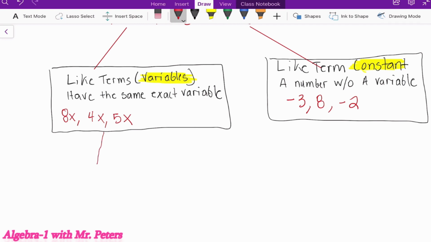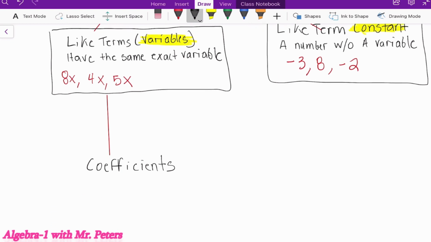So now, oops, sorry, wrong tool. Now we're going to be talking about coefficients. So let's write that word out. Coefficients. So the reason why we wrote coefficients right under like terms, right, is because they're very much related.